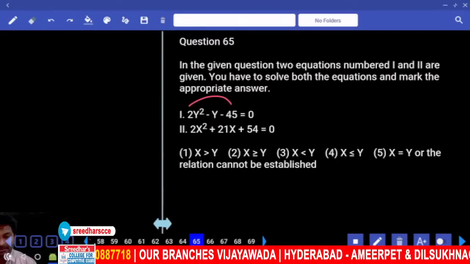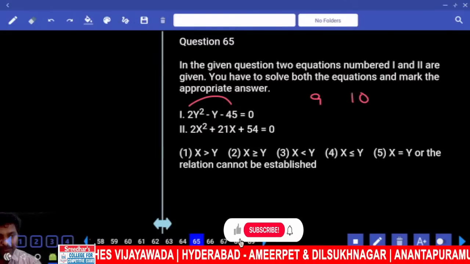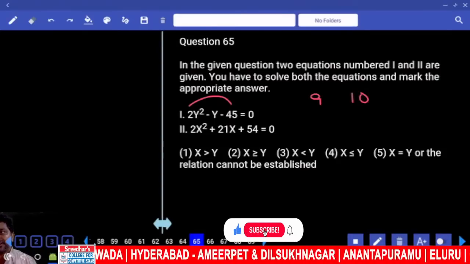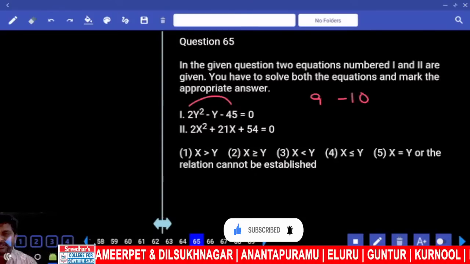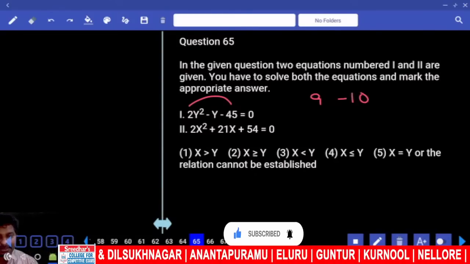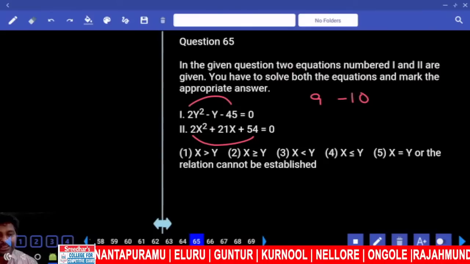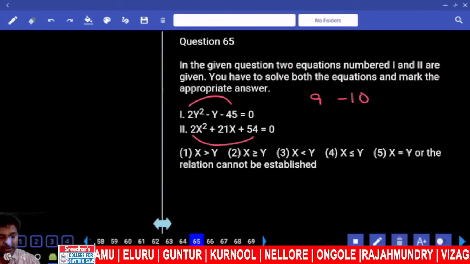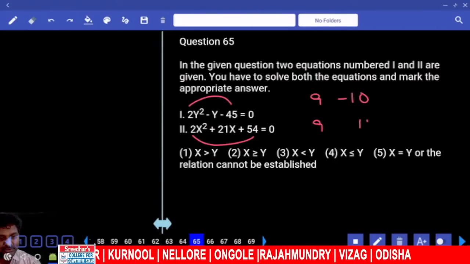Product 90. 90 can be written as 9, 10 times. Product is negative, so one of the numbers must be negative. Sum is minus 1. Combination is 9 comma minus 10. Product 108: 12, 9 times.